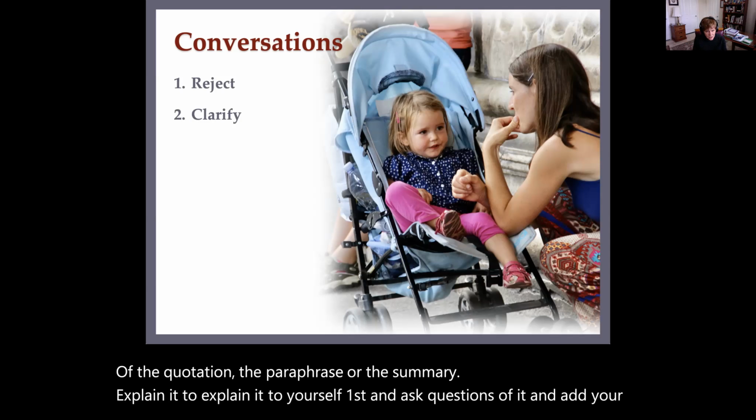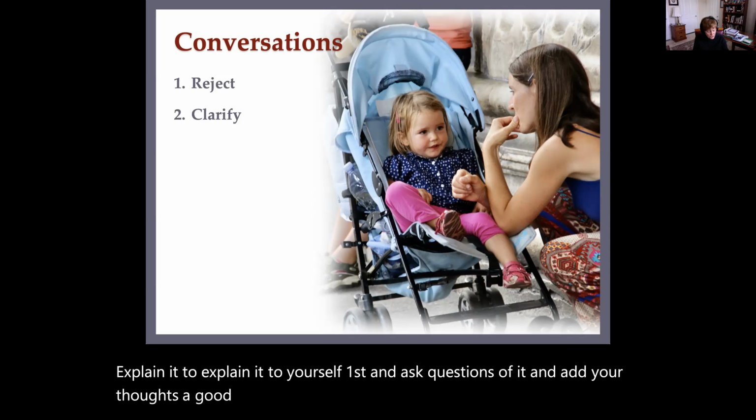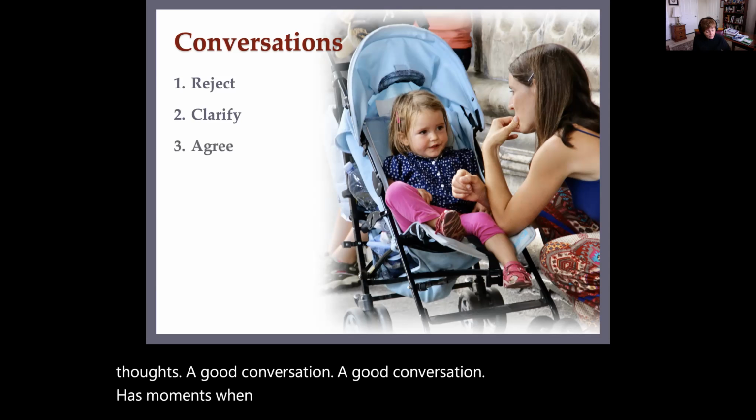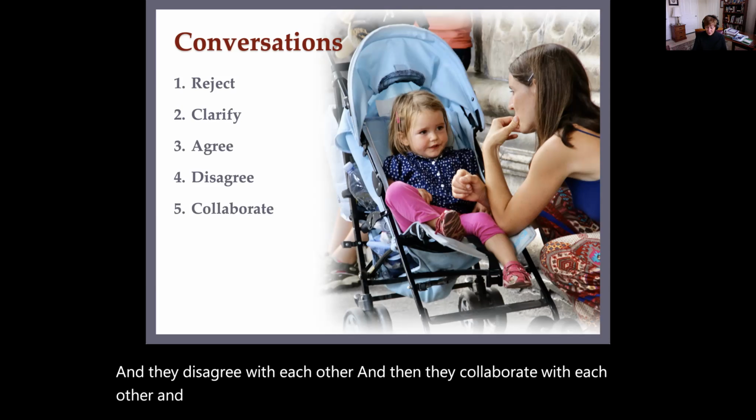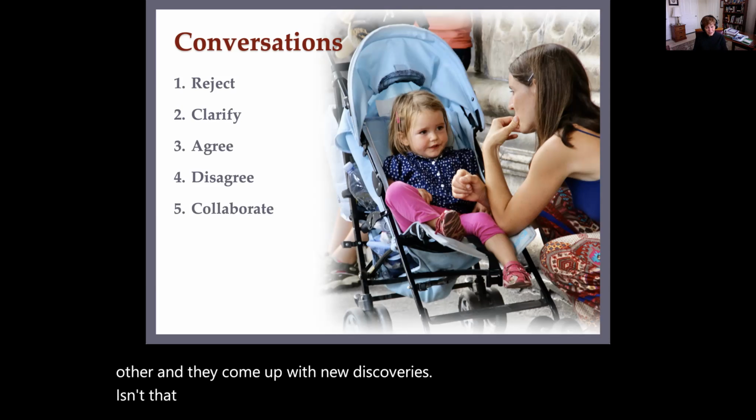A good conversation has moments when readers agree with each other and they disagree with each other, and then they collaborate with each other and they come up with new discoveries. Isn't that what your writing is all about?